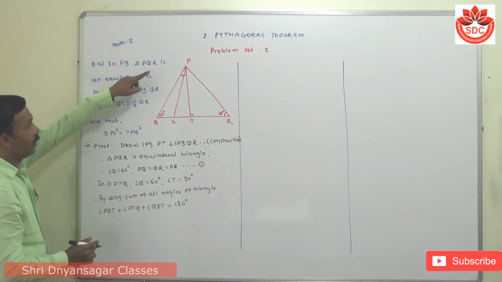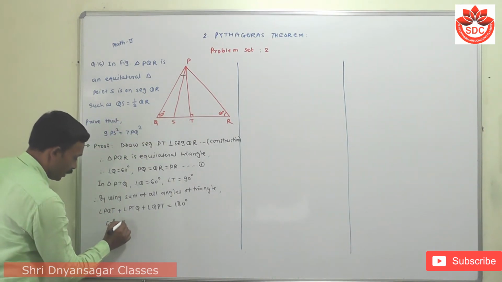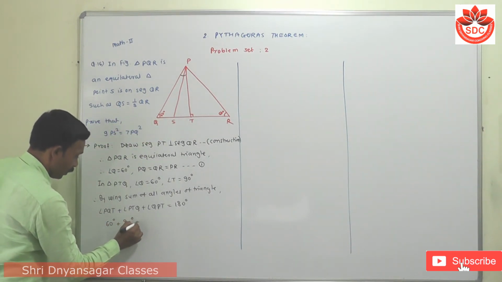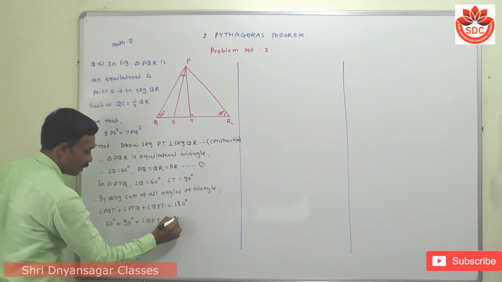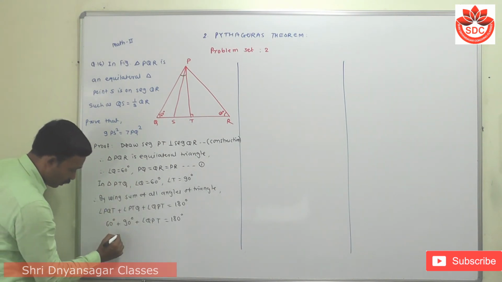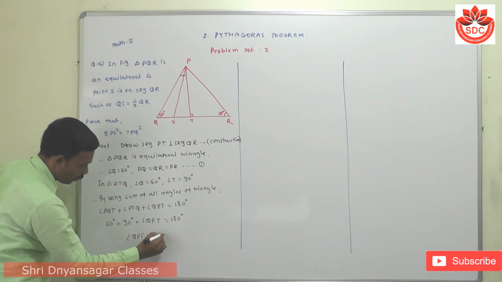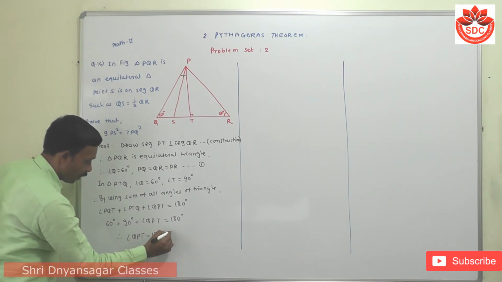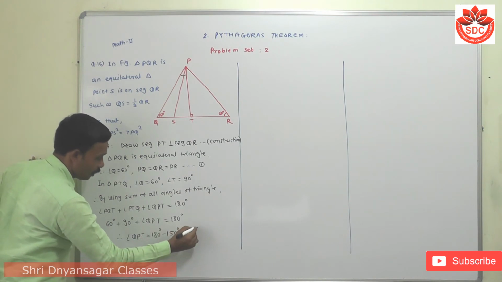Substitute the values: PQT is equal to 60 degrees plus angle T is equal to 90 degrees plus angle QPT is equal to how much? 180 degrees. Addition of these two is 150. Directly I transpose this. We get angle QPT is equal to 180 minus 150 is equal to 30.